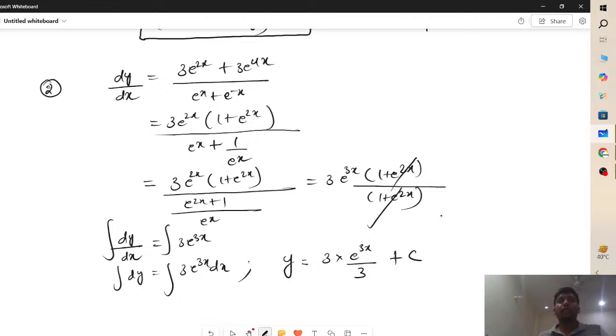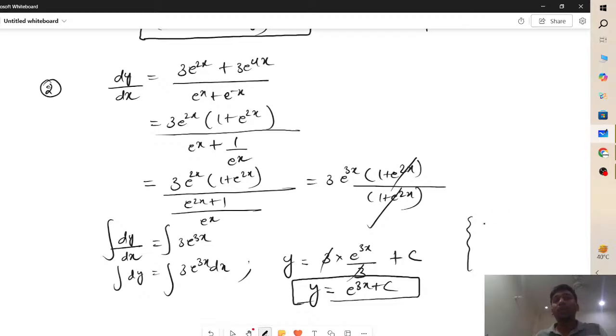Okay, and the 3 can be cut, so our solution becomes y equals e^3x plus c. And this is our final general solution, and we know that the integration of e^ax dx is always equal to e^ax by a. There is an error in this part, wait a minute, let me erase.